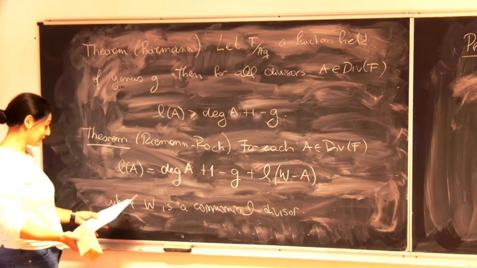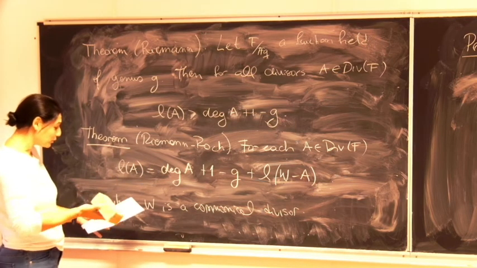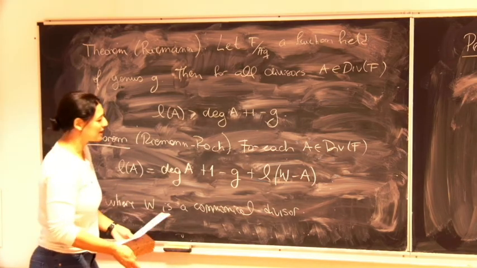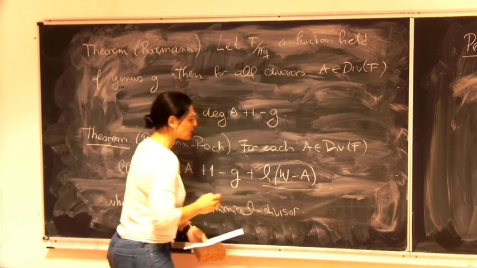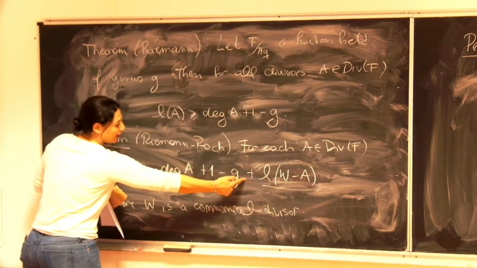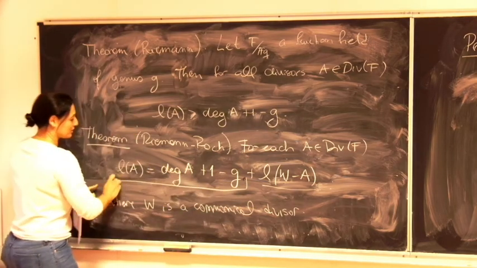But the corollary, the thing that we are going to use, is the case in which this is 0, and so the dimension of the divisor is exactly this amount.